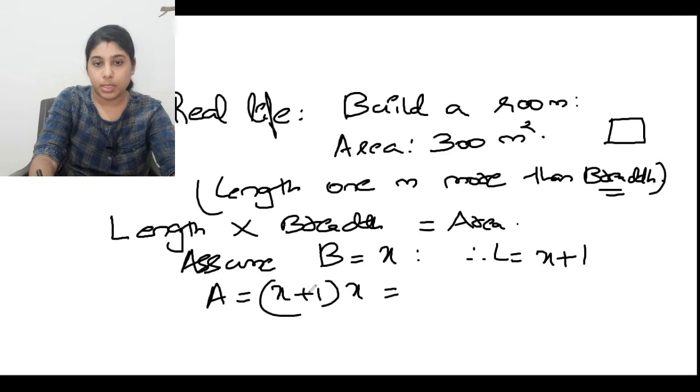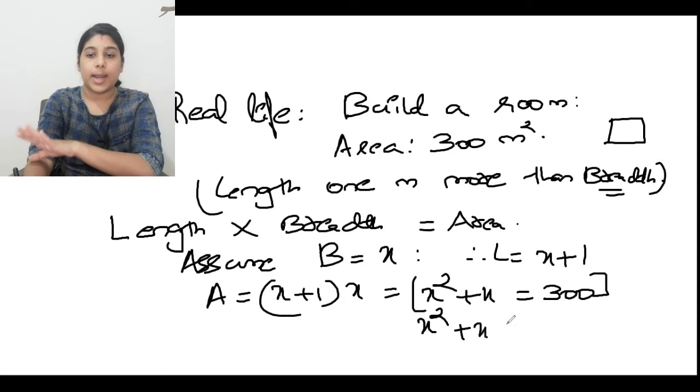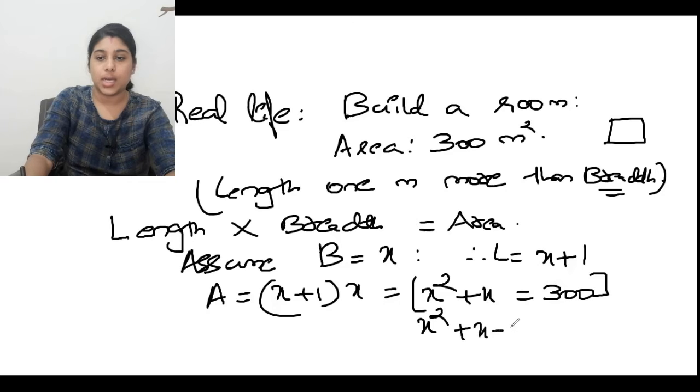So you know how to open the bracket. We have already studied. So x into x is x square, x into 1 is plus x. And this area is already given as 300. Because I got an LHS here and an RHS here, x square plus x, from the right hand side this 300 I am taking to the left hand side, it will become minus 300 is equal to 0.